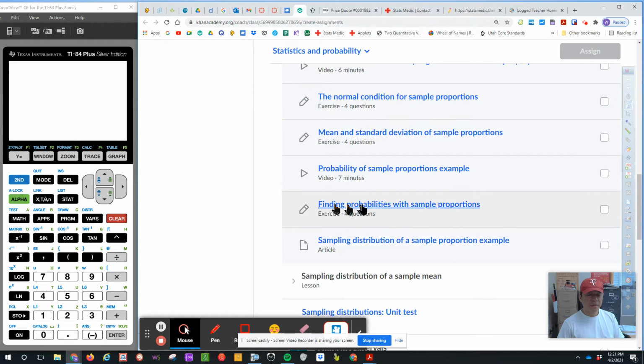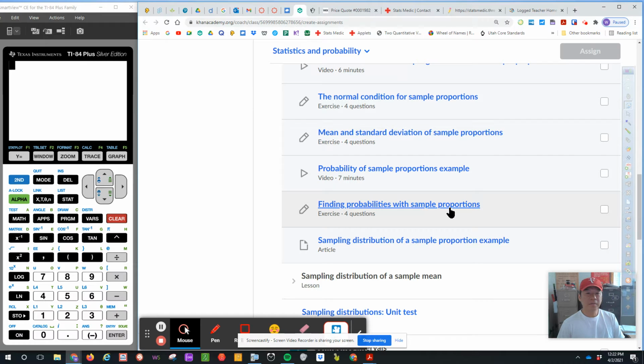All right. So the last video that I did was finding probabilities with sample proportion, and that was made possible by the fact that we had to use the condition of showing that the sampling distribution is approximately normal, right? n times p greater than or equal to 10, n times 1 minus p greater than or equal to 10, and then we have to find the mean, which is the unbiased estimator.